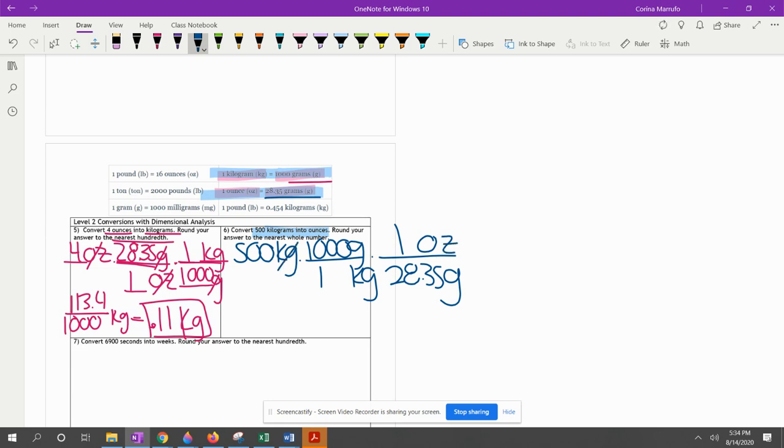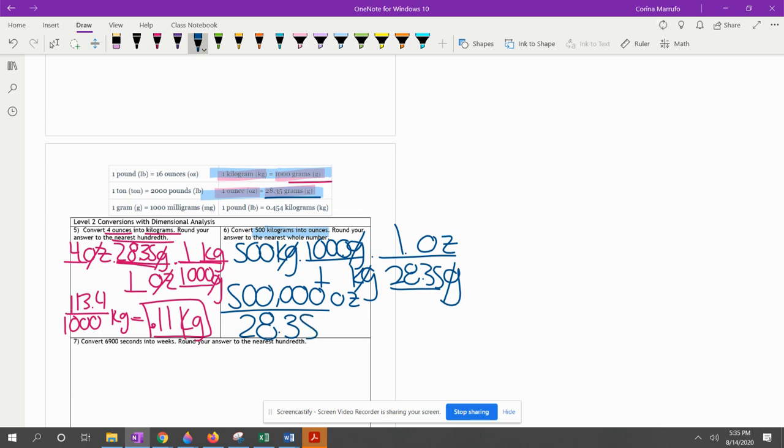Here we have kilograms cancels with kilograms, grams cancels with grams, and then we have 500 times 1,000 times 1. That's going to give us 500,000, and ounces is on the top. On the bottom, we have 1 times 28.35, which gives us 28.35.